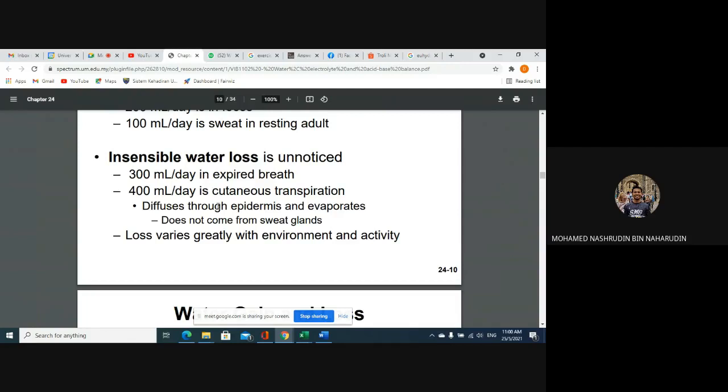So you need some amount of water for that. Loss varies greatly with environment and activity. Of course, when it's hot and humid, it will secrete more water compared to a cold and dry environment.